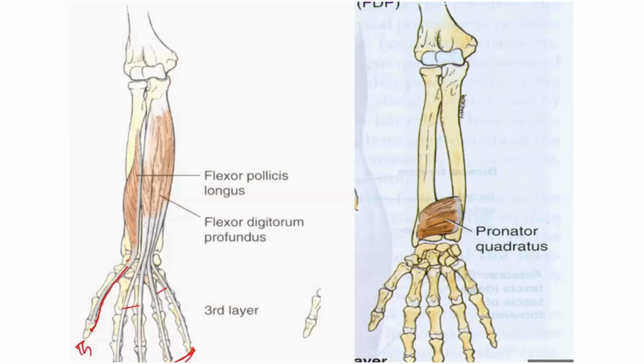On the deep plane, how many muscles did I say? 1, 2, and 3. Pronator quadratus and flexor pollicis longus are supplied again by the median nerve.